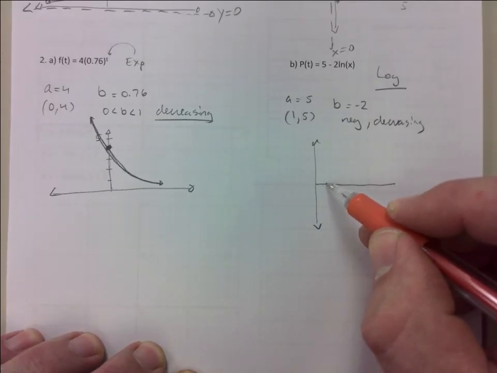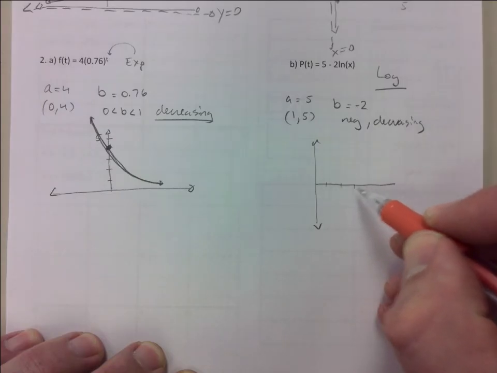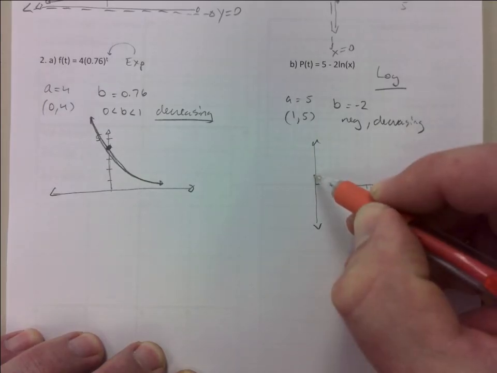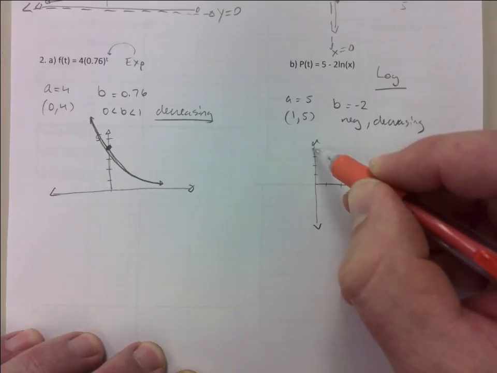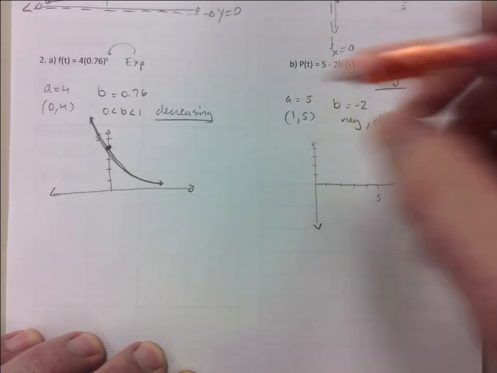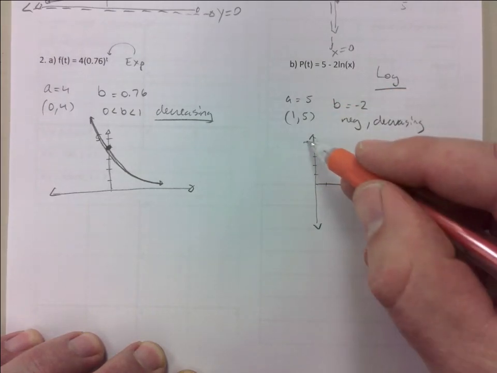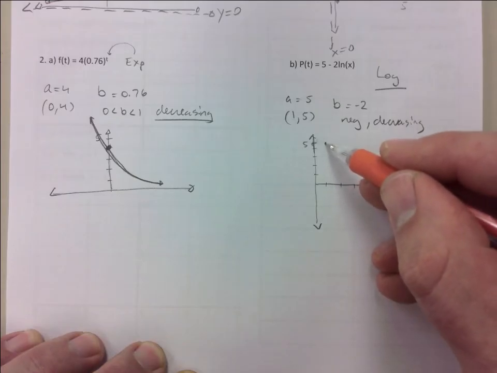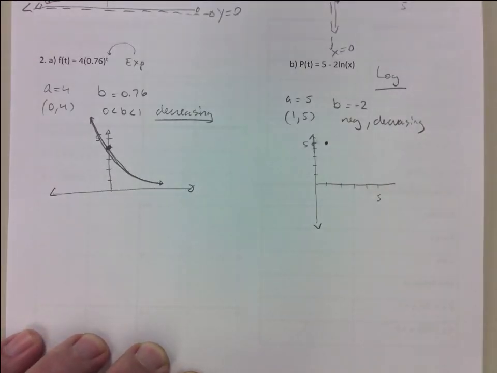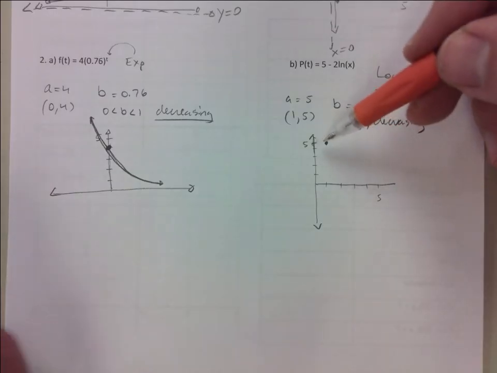So I'm going to go 1, 2, 3, 4, 5. 1, 2, 3, 4, 5. Okay, this is 5 up here. So 1, 5 is on this graph for sure. And it's decreasing from left to right.